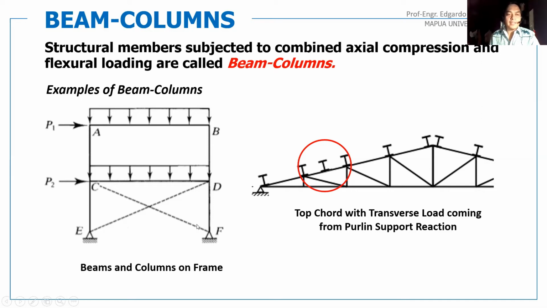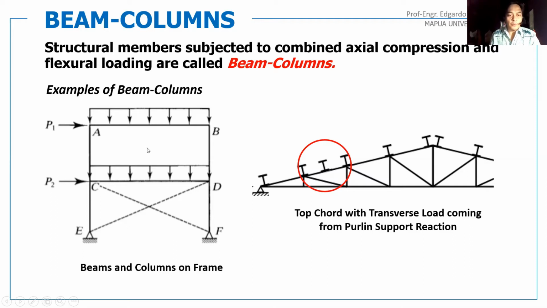That means the first level of the frame is considered a frame without side sway. However, on the second level, there is no lateral support or cross bracing attached to the frame. So for this case, due to the lateral load P sub 1, it could experience side sway.